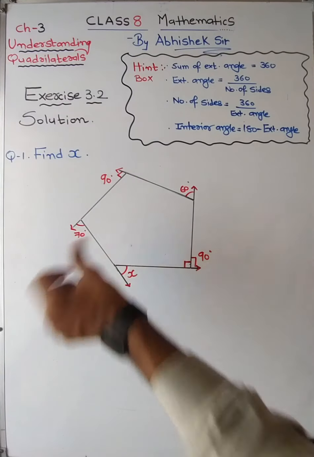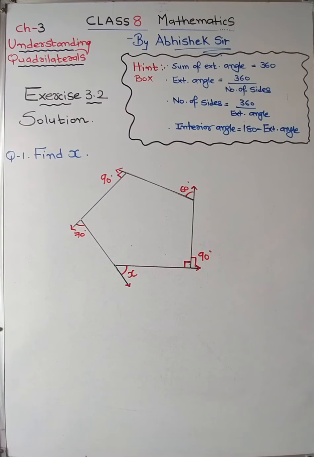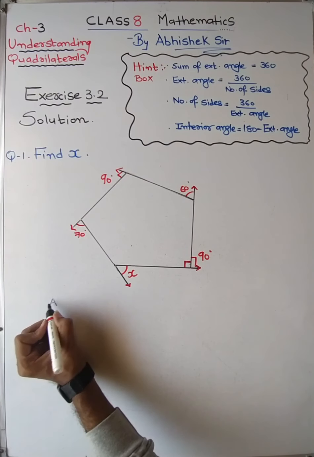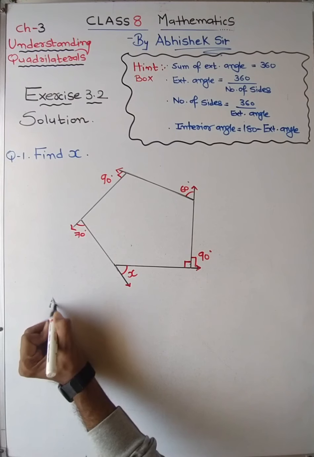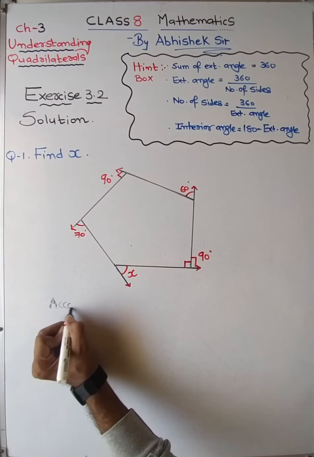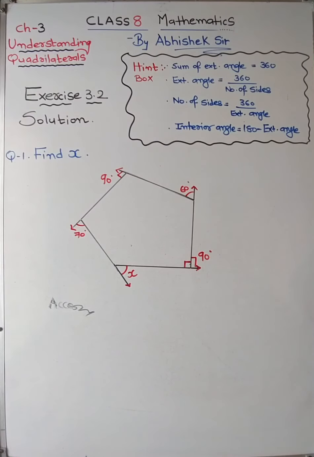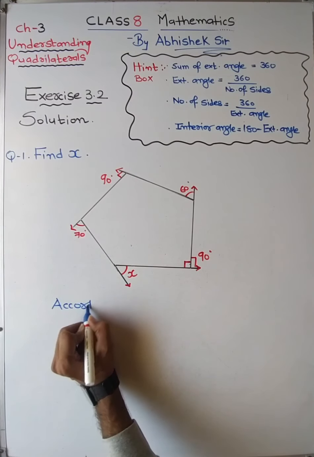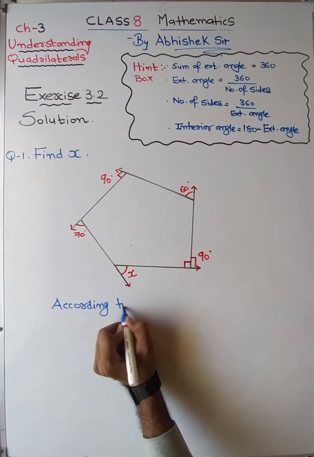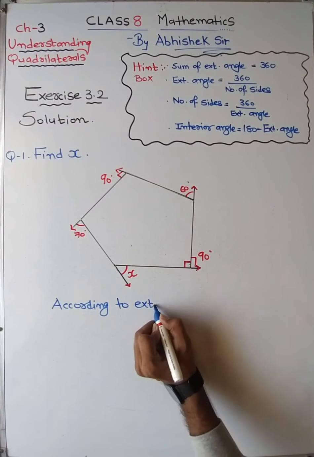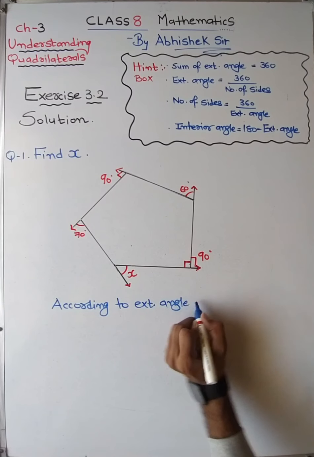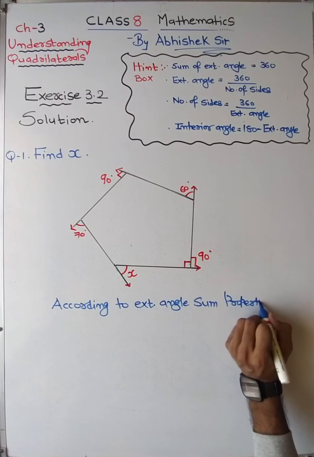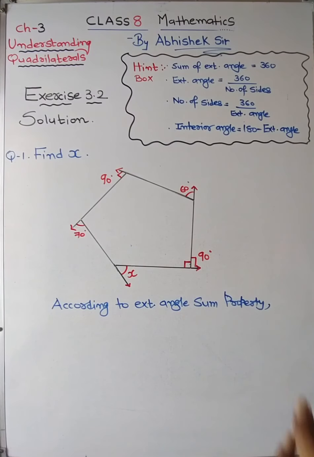So now again we have to find out x. So according to the exterior angle sum property, adding all the exterior angles will give you 360.